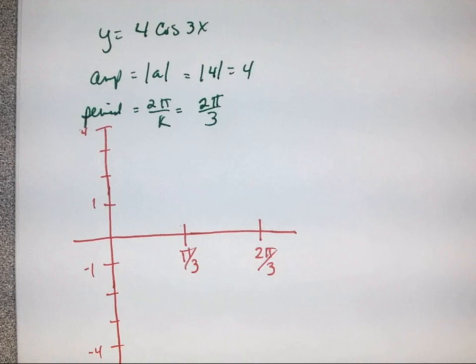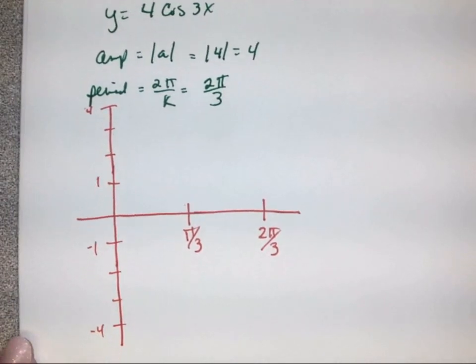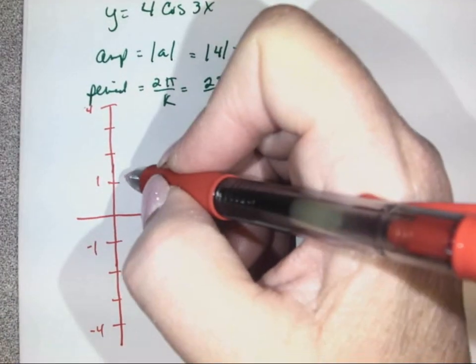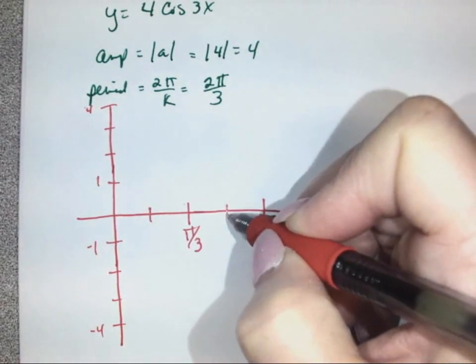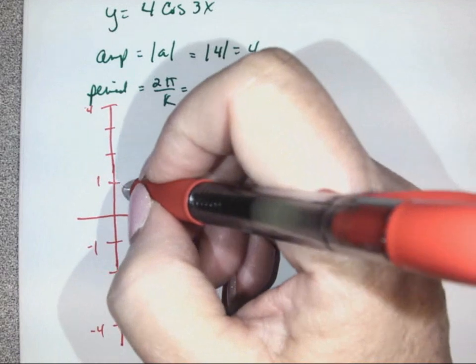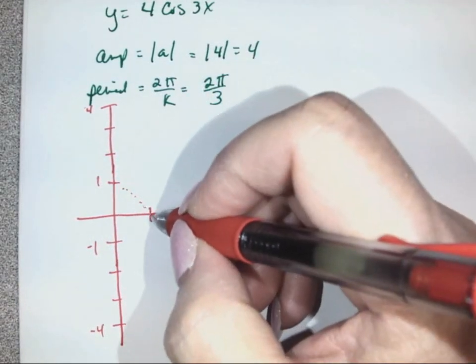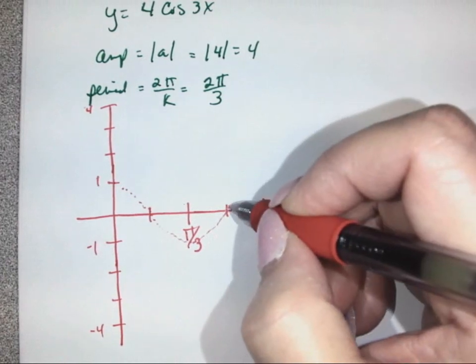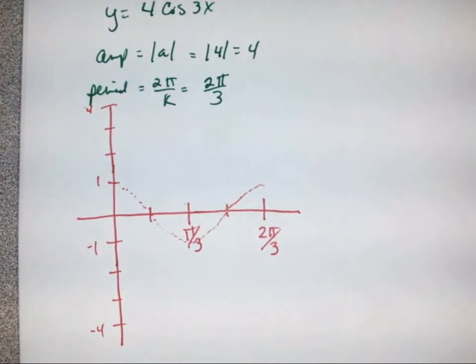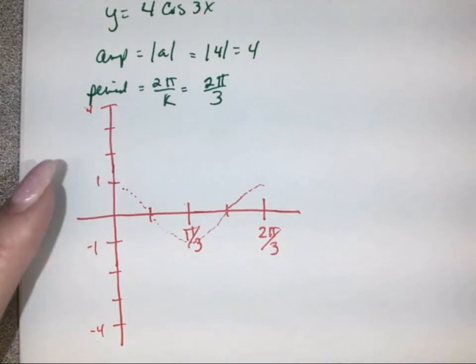Because we have a couple of things happening. So again, I'm going to start with sketching my basic graph. And this is a cosine. So I'm going to make my little hash marks again in the middle. So it's going to start here and come down. And then it'll go up like this. So that gives me a basic idea of what's going on. And now everything gets multiplied by 4.